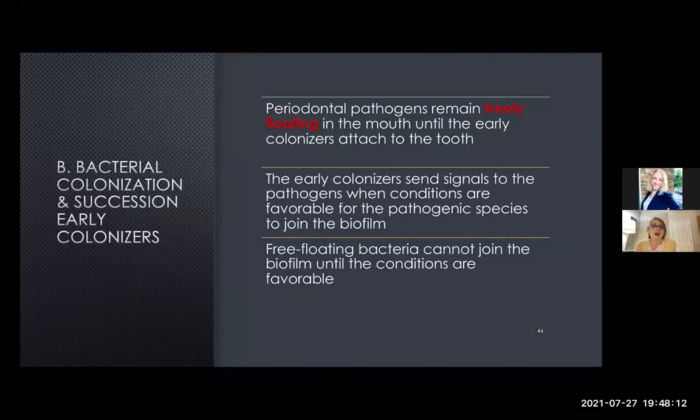Periodontal pathogens are freely floating until early colonizers attach to the tooth. Then they send out those signals and say, hey, come on and join the party. They join the biofilm, and then the conditions are favorable for proliferation of that bacteria, which again will lead to dispersion and recolonization in other areas of the mouth.